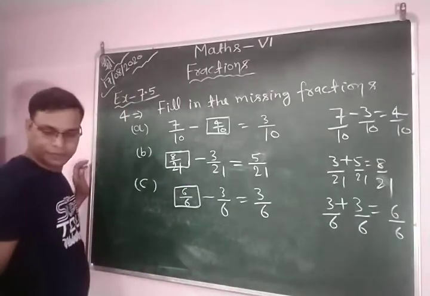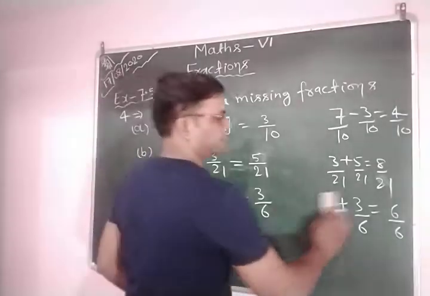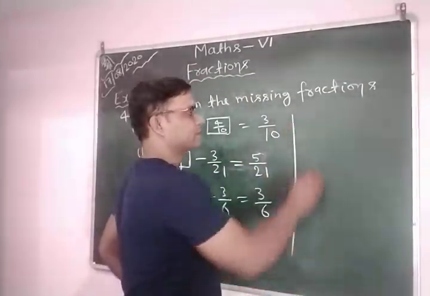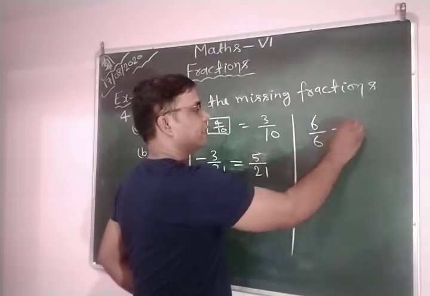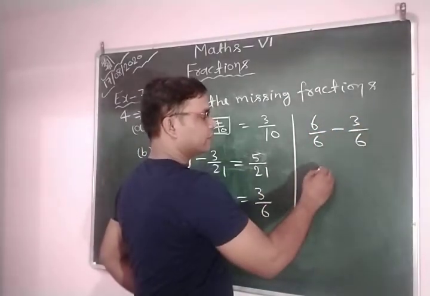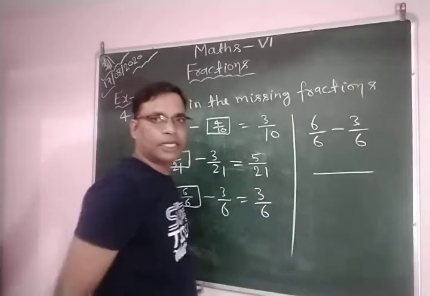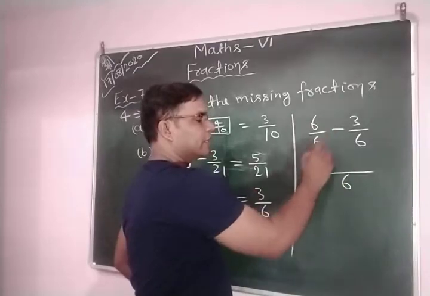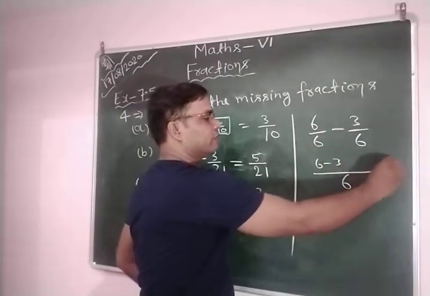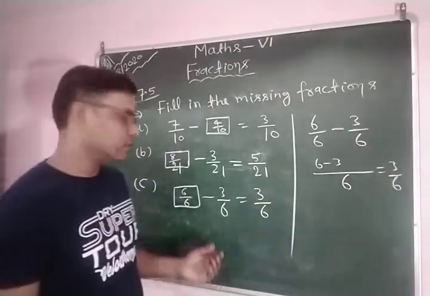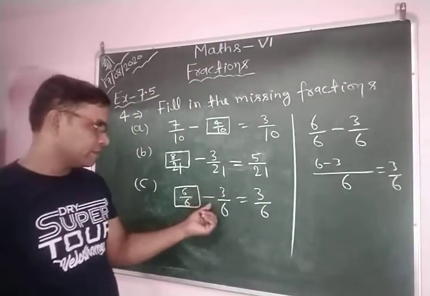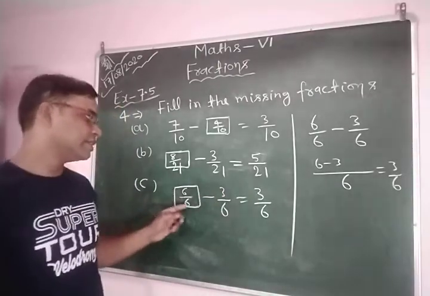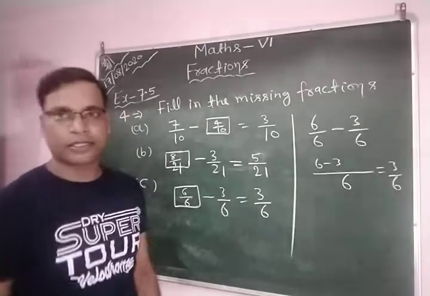You can write both fractions in like terms with the same denominator, so 6 minus 3 is equal to 3 by 6. So in the case of subtraction, we add 3 plus 3, then we obtain 6. So 6 by 6 minus 3 by 6 is equal to 3 by 6.